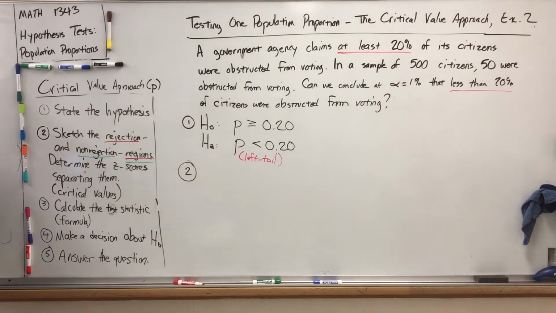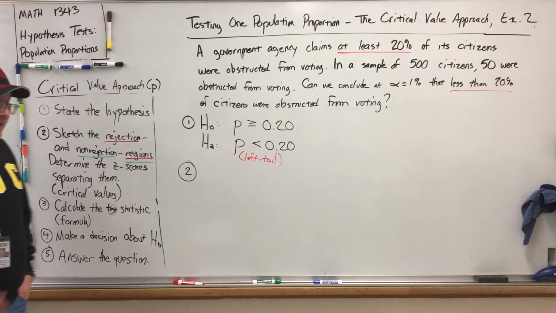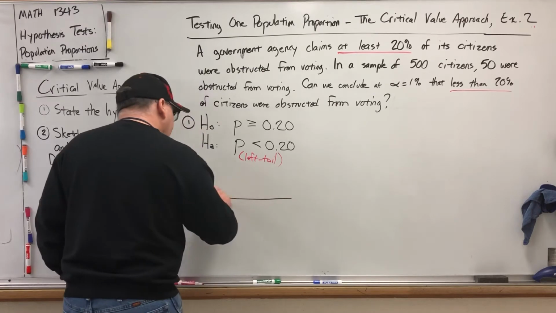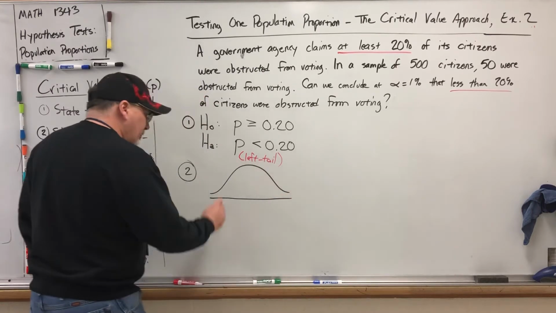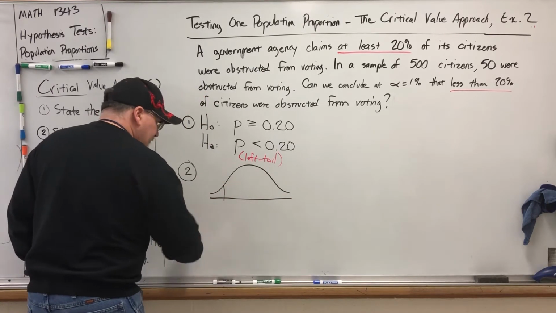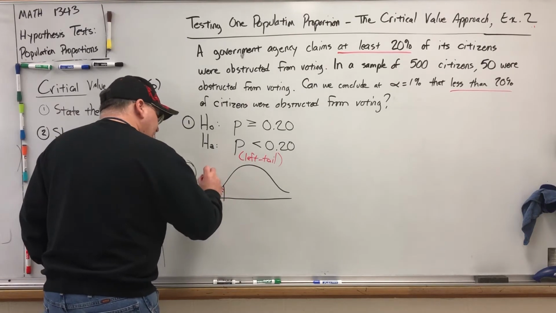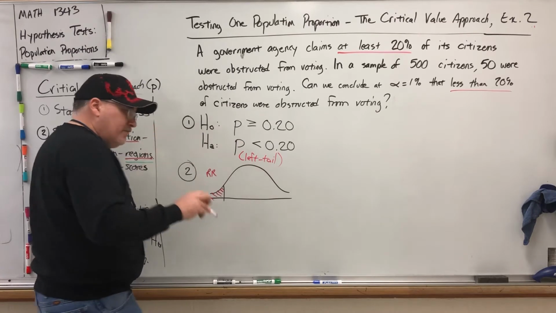Sketch the regions, determine the z-score separating them. These are your critical values. Bell curve. Left tail means we shade in the left tail, giving us a rejection region on the left only.